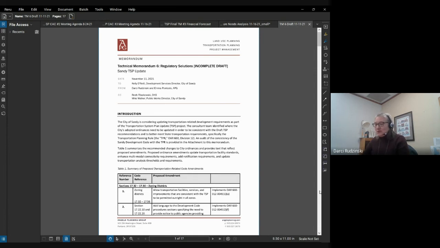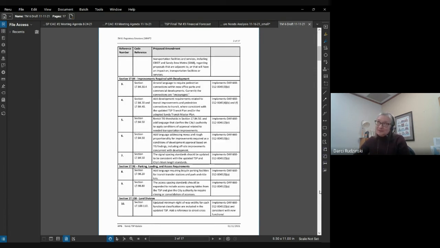The next few suggested modifications are in the improvements required with development chapter. And the first couple there, numbers 3 and 4, are suggestions related to bike, pedestrian, and transit requirements. We talked a little bit about the Sandy Transit Master Plan and how that's being reflected in the TSP.